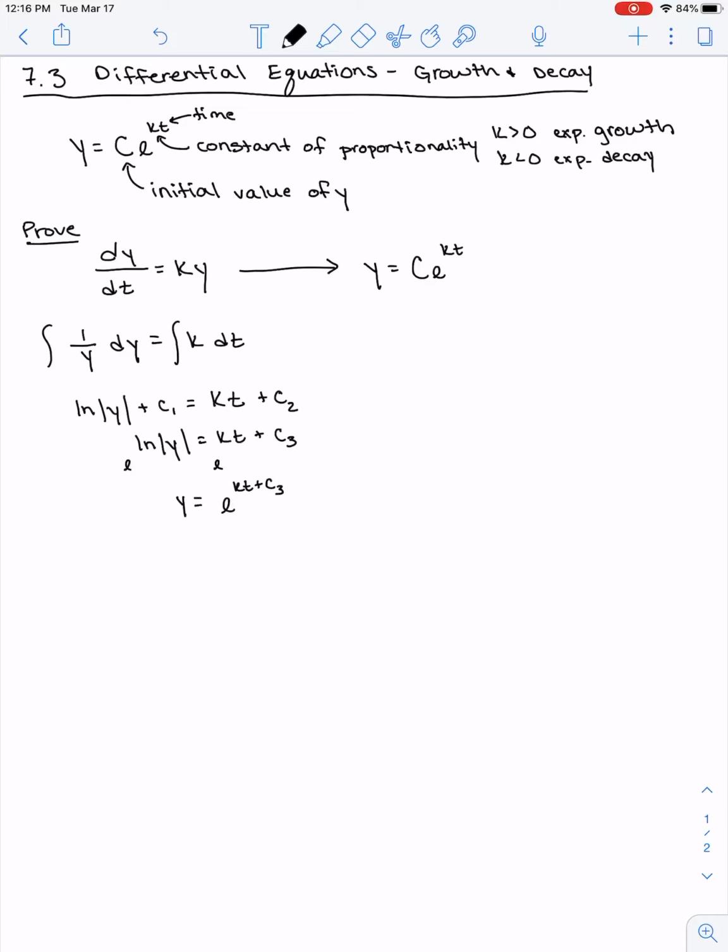Now this is the same thing as saying y is equal to e to the kt times e to the c3, according to our rules of exponents. And if we want, we can say that this is just e, which is a number, to some constant, which is just another number. So this is now going to be our initial value, or what we're going to call c. So we get that y is equal to c times e to the kt.